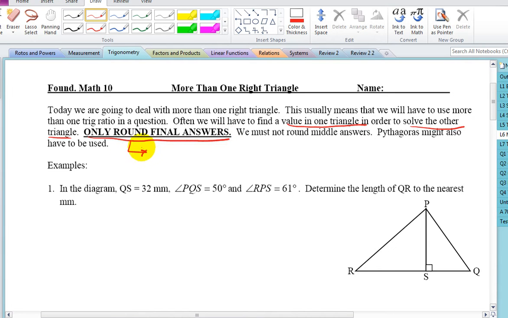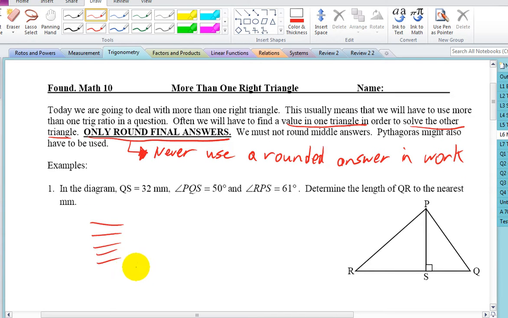The second part to that is never use a rounded answer in work. For example, if you're working along and I say, what does B equal?